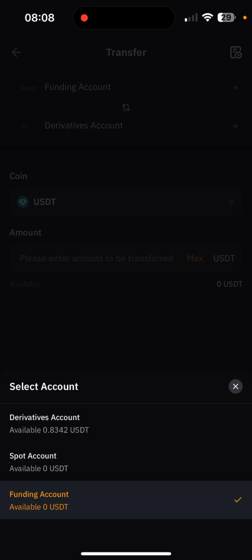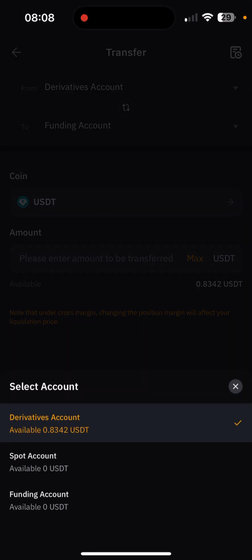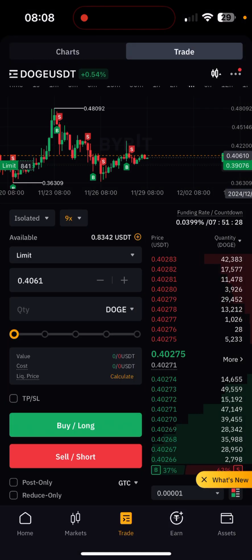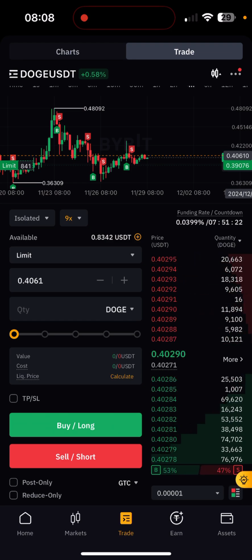Right now it's funding account, so if I change to derivatives, you look back up here and see that derivatives account is now on top and funding account is below, so you can interchange either of them. This is how you transfer money while you're on your futures account to add to your available balance on futures.